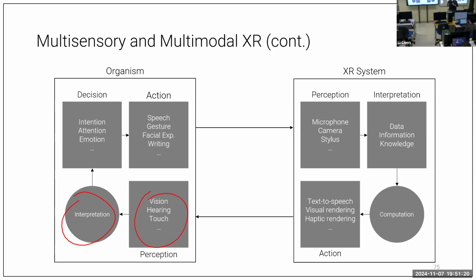Of course, this is not a very high level of human cognition. So next would be intention, making a decision based on, for example, your intention, your attention, your self-attention, and also emotion, right? And other things that may affect your decision. And the last one, the user will then perform some actions.